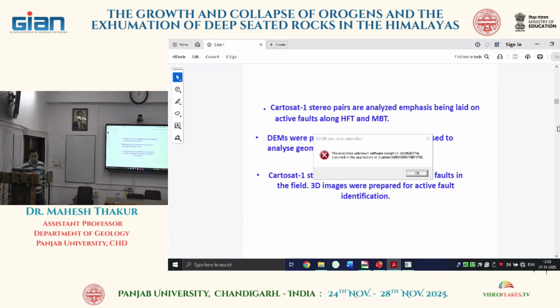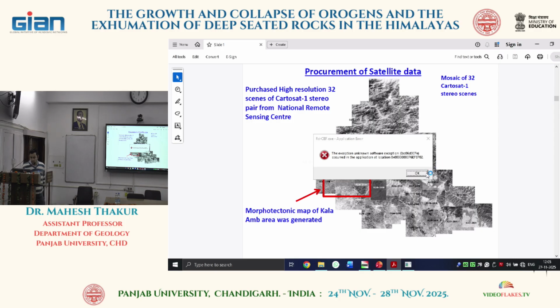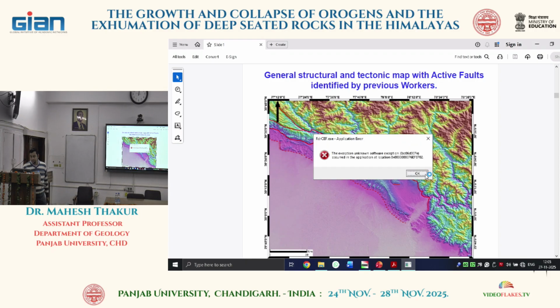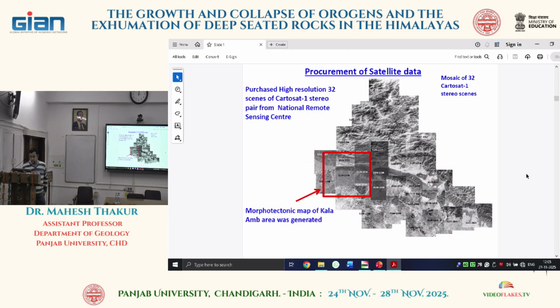So one more thing is that we worked in this whole area from Chandigarh to Kotdwar, and we made geomorphic maps of this area, and we marked a lot of active faults in this area. For doing that, we procured Cartosat data from the Indian Space Research Organization (ISRO), and then using a software we can make an anaglyph.